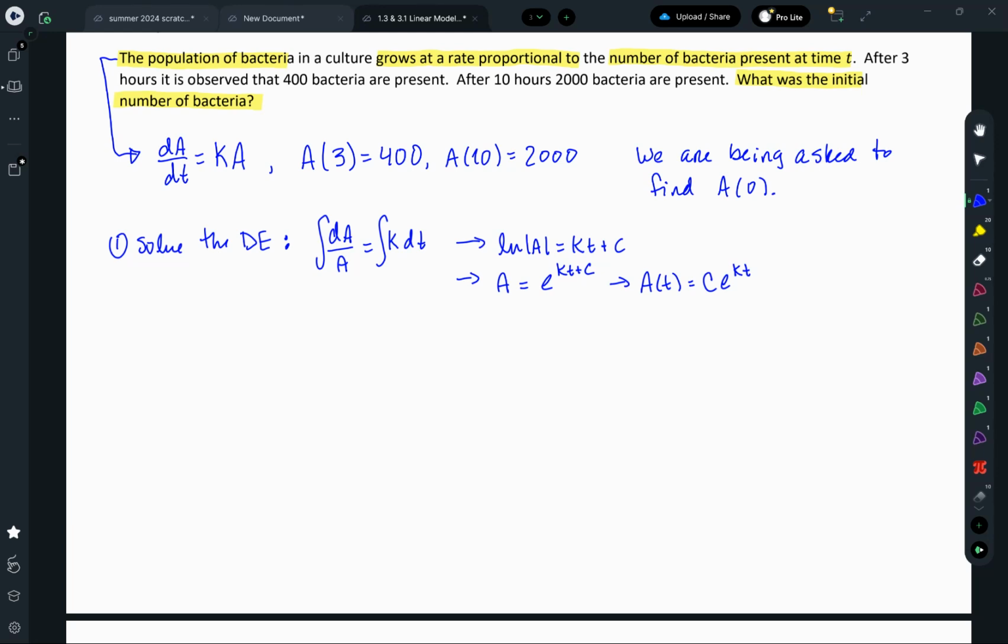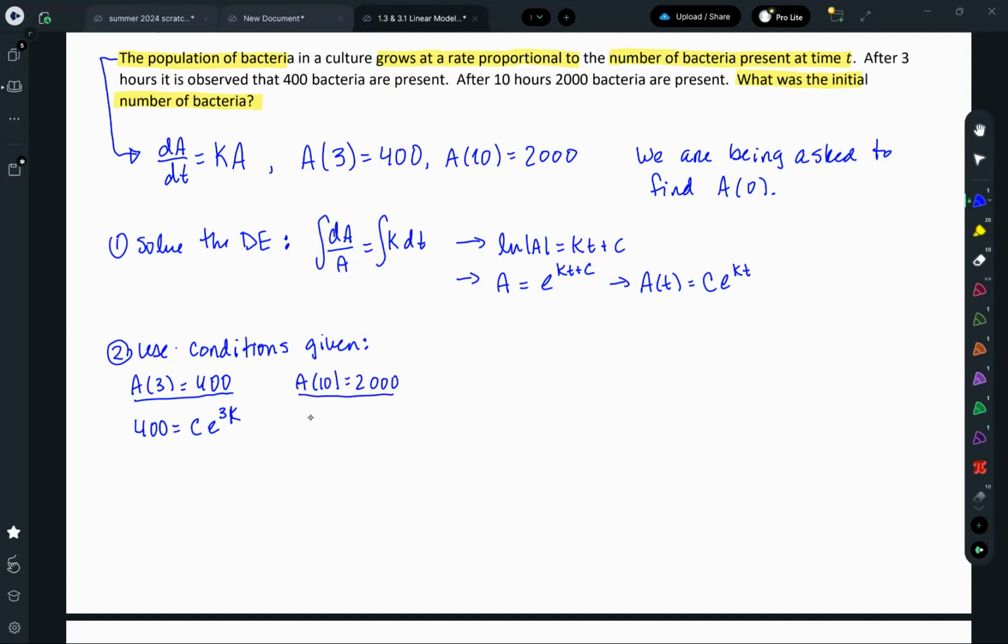However, we do know that here's where we can use the conditions given. So A of 3 is equal to 400 is one condition given. That tells me that 400 is equal to C e to the 3k. We also know that A of 10 is equal to 2,000.